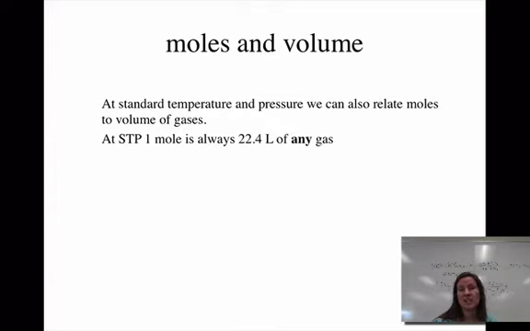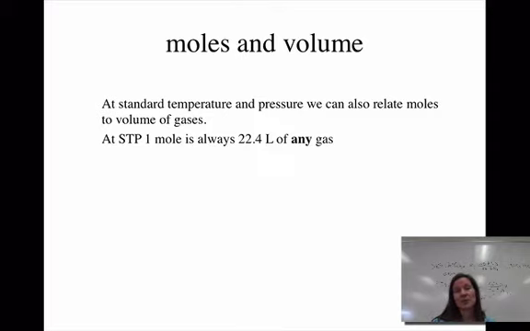So at a standard temperature and pressure, the mole amount relates to the volume of a gas, and that is for every 1 mole, you're going to have 22.4 liters of any gas, regardless of mass of the individual particles. This is at standard temperature and pressure, which is STP. Okay, that's how it's abbreviated, STP.